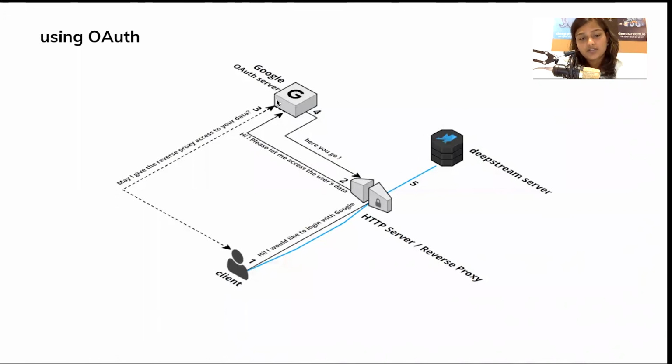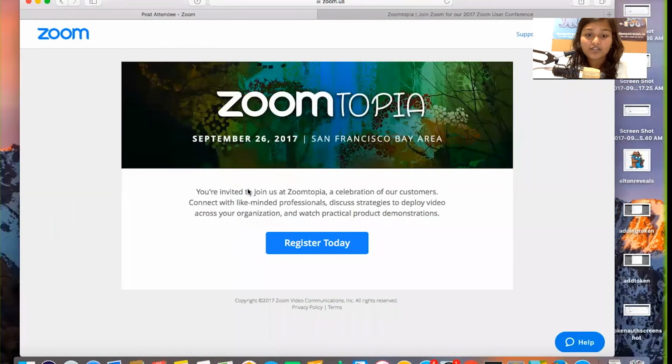Your Google OAuth server, because it already knows you, because you already have an account on Google, will ask you if you would allow giving your credentials to this particular HTTP reverse proxy, which is requesting the details. If you say yes, give it my data, then it gives it your data and it lets you in, and then you're ready to use your application. I'm not sure if that answered your question. That's how you would basically use Gmail. And Webhook is basically for implementing your own authentication mechanism that doesn't yet exist.